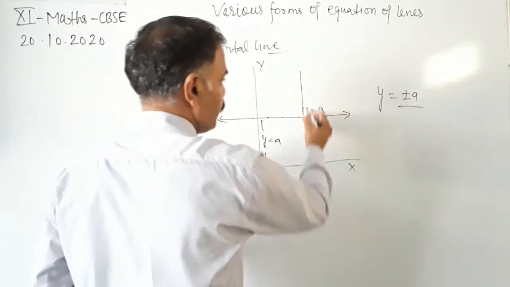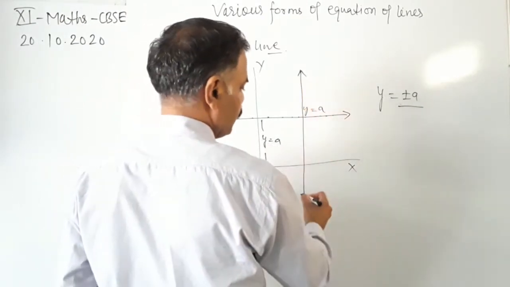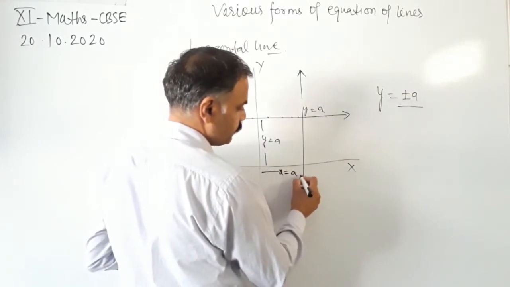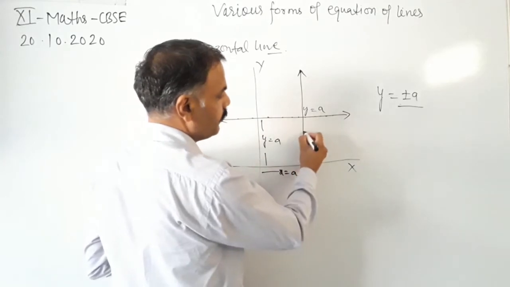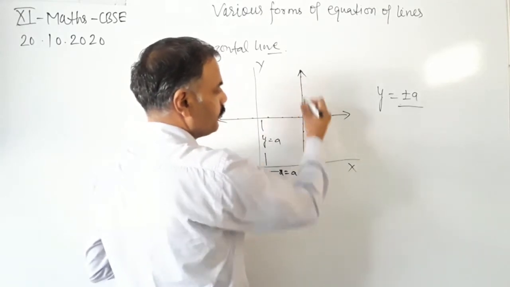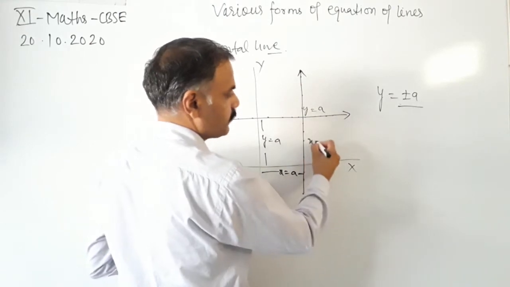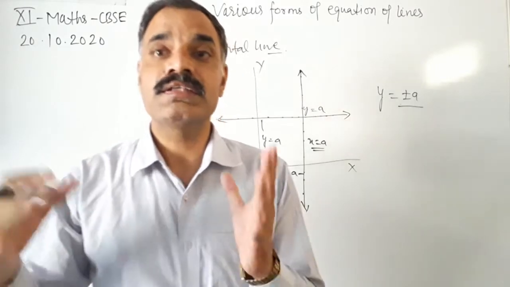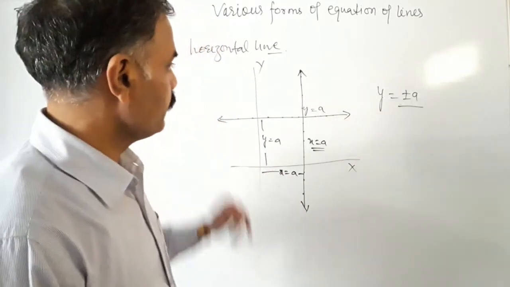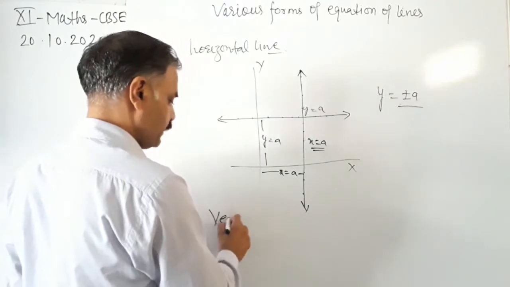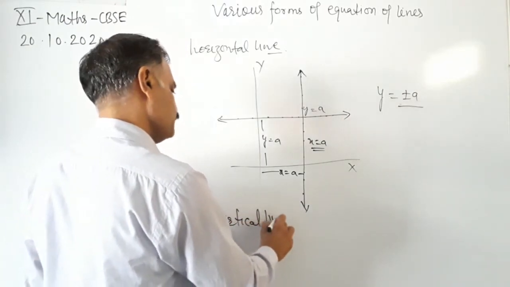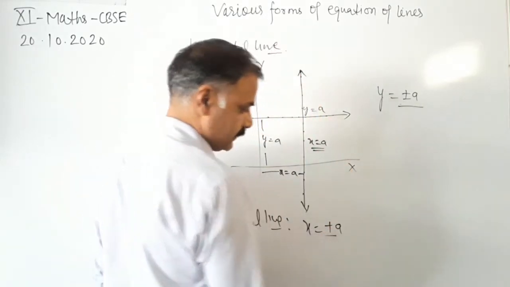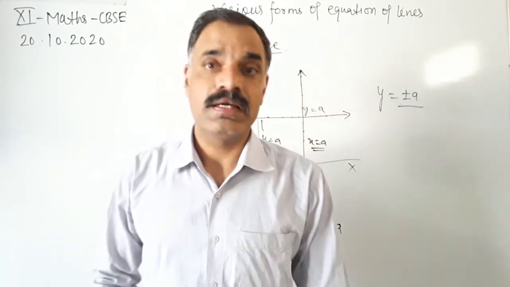So if this is a vertical line at a distance of x equals a from the y-axis, then at every point on the line we will have x equals a. So the equation of the vertical line will be x equals plus a if it is to the right of the y-axis, and x equals minus a if it is to the left.